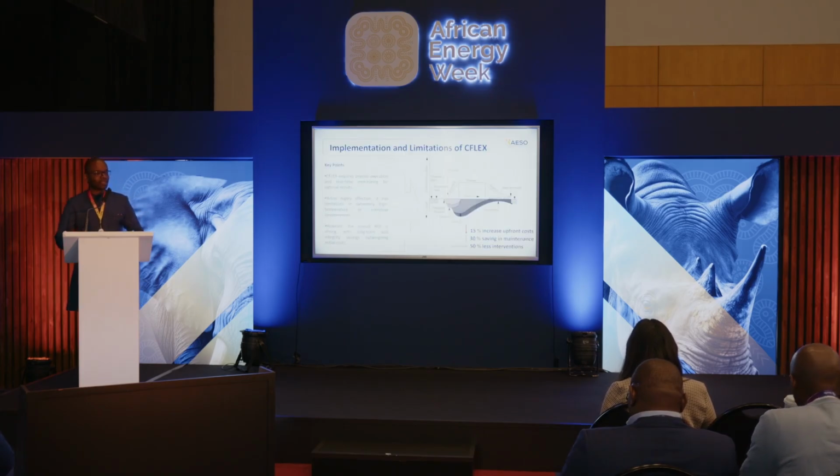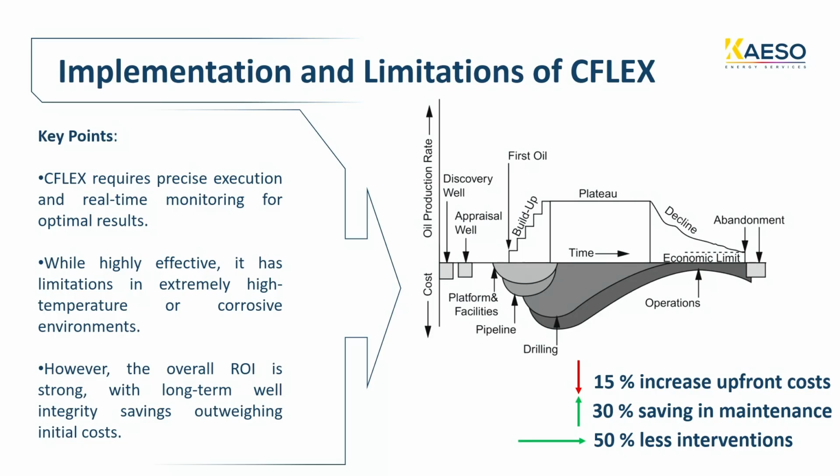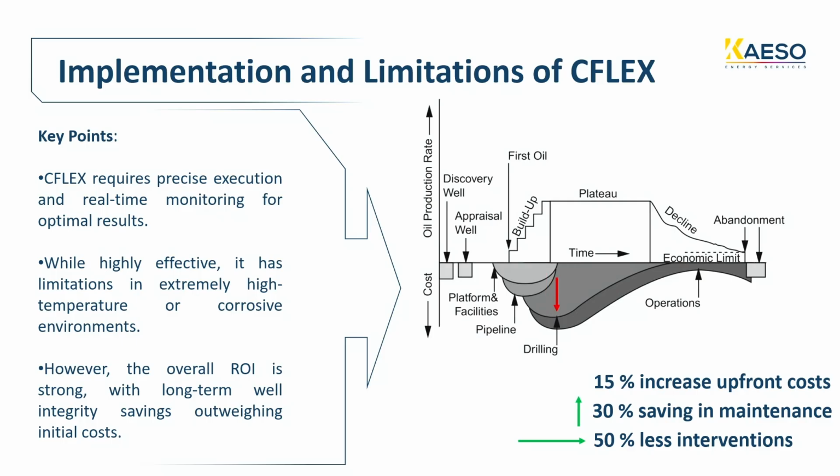Now, how does the CFLEX fit into your operational and financial plan? So this graphic here is a typical, I would say, reservoir cycle. And what you see is that if you use the CFLEX, of course, your initial costs will increase by 15%.